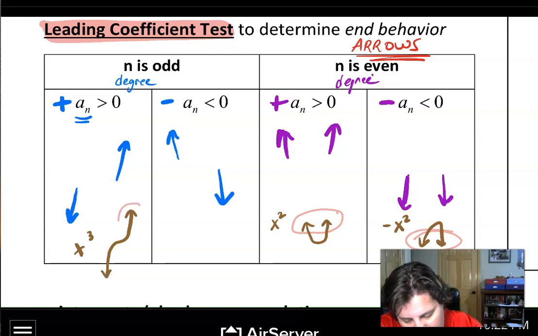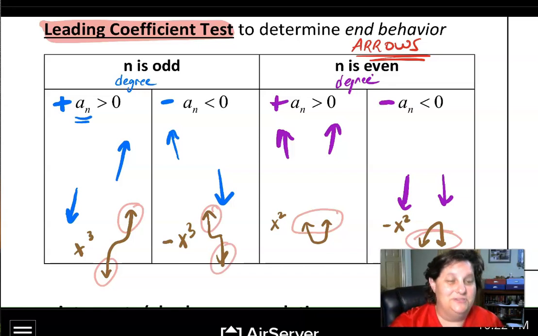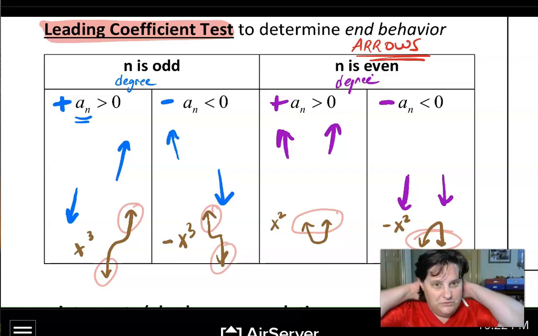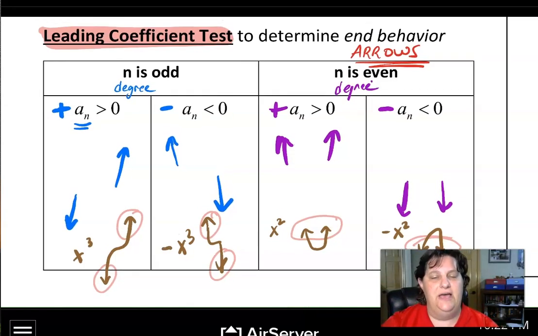Look at the arrows on that though. It goes down, up, just like those arrows. And what happens when I flip it upside down? Negative x to the third. Okay, look at those arrows. So if you remember x to the third and x squared, it'll kind of help you remember which way the arrows go. My friends, that is the leading coefficient test.